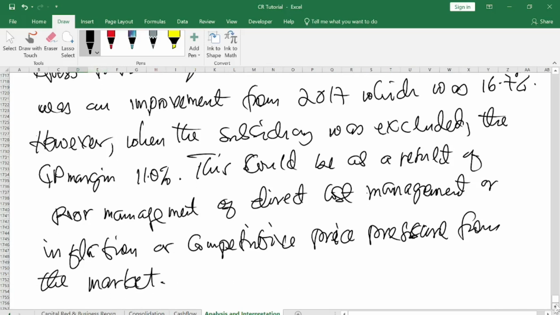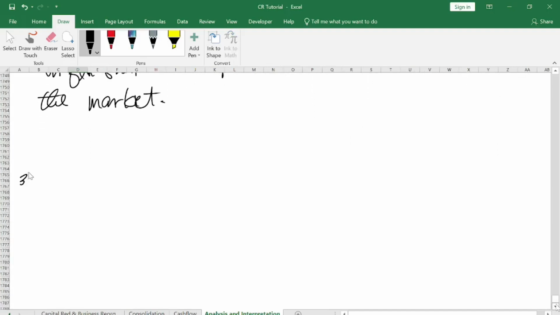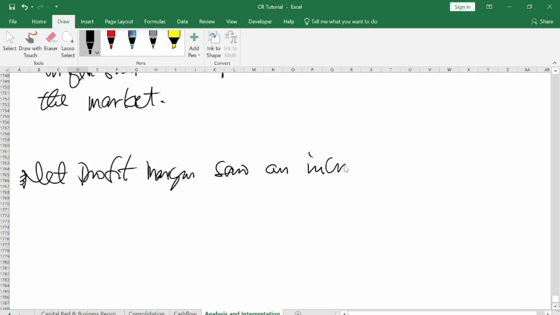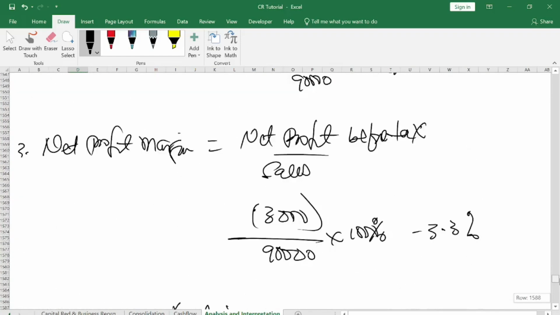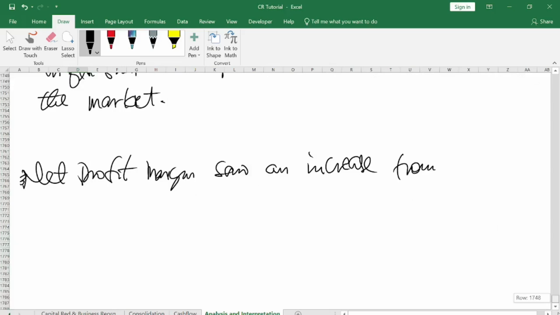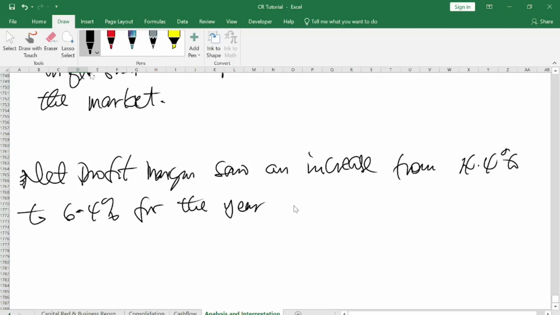Then you come to the last one, net profit margin. Net profit margin saw an increase from 2017, which is 4.4%, to 6.4% for the years 2017 and 2018 respectively.